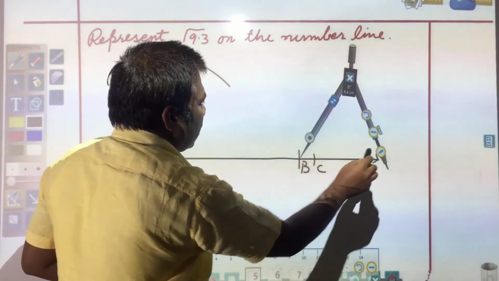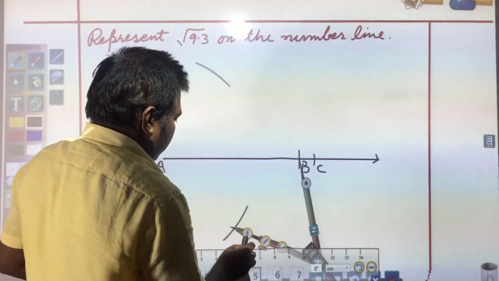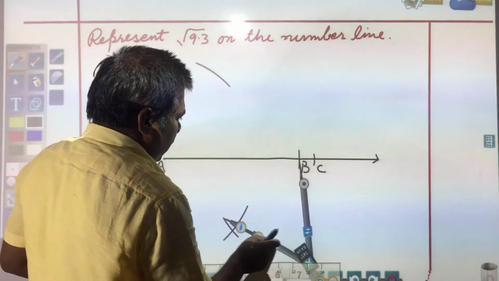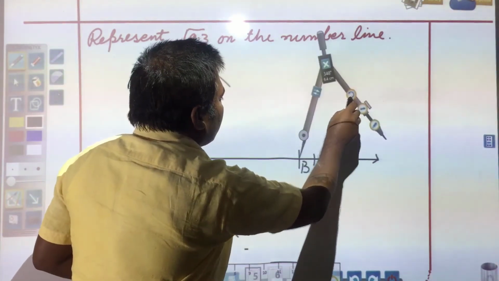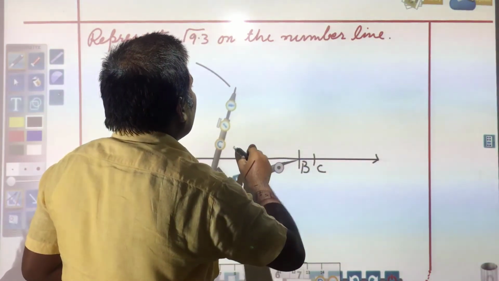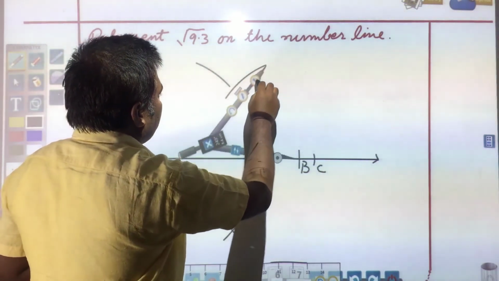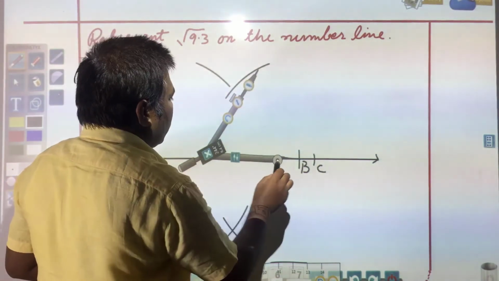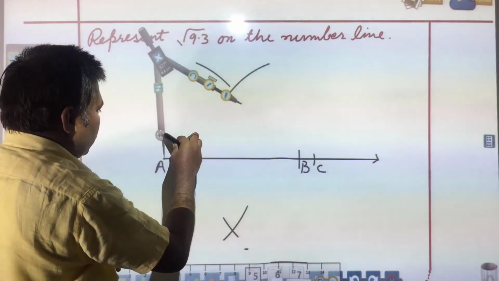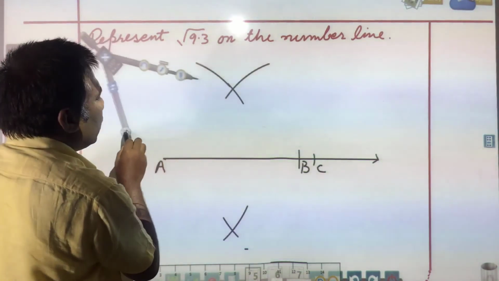Here you put your needle and mark over here, like this, and you bring your compass over here and mark here also. Now, this you need to see your intersecting point. So, again you see here it can be done. So, this is your intersecting point, this one.